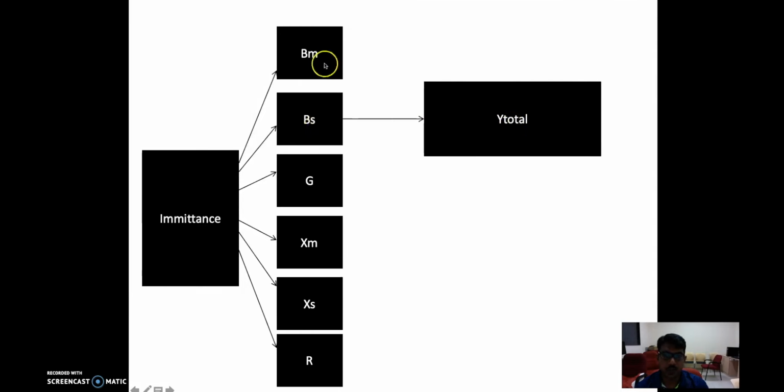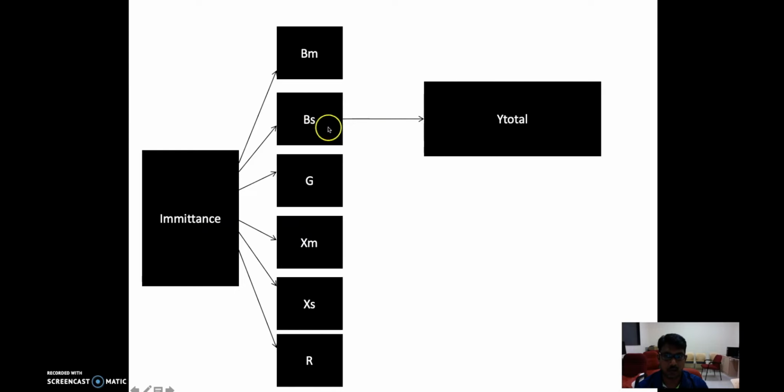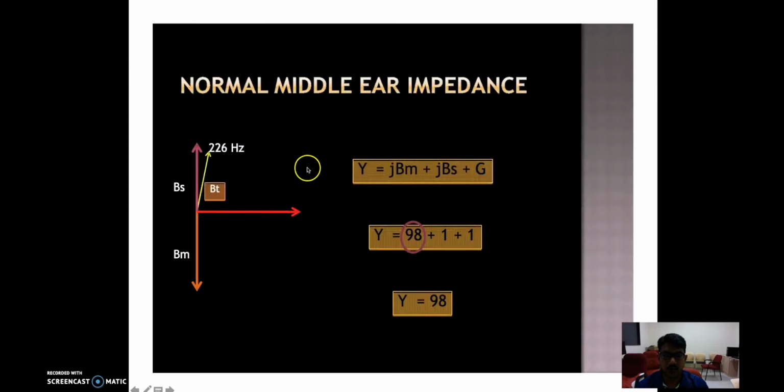But now we know that there is some contribution by mass and there is some contribution by conductance, or susceptance, also, because of which Y total is no more just a simple representation of Bs, rather it is a combination of all three. Can we add it up? As I said in the previous slide, we cannot simply add it up because they are imaginary numbers and not real numbers.